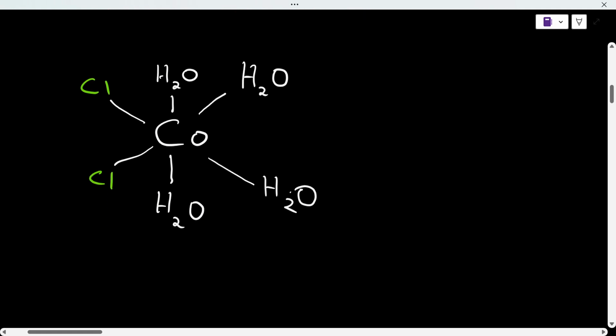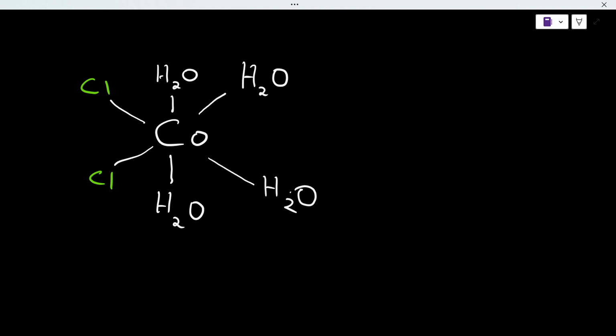Now this is a demonstration of how a cis geometric isomer is exhibited by tetra aqua cobalt chloride.